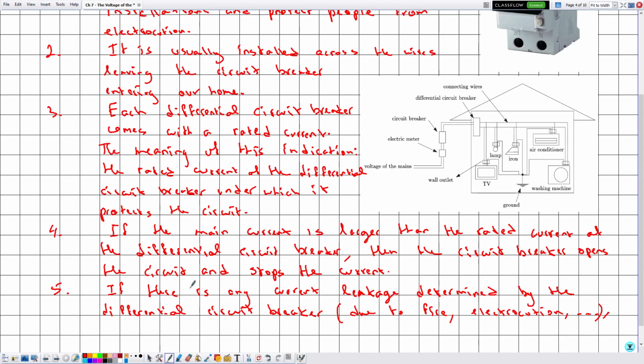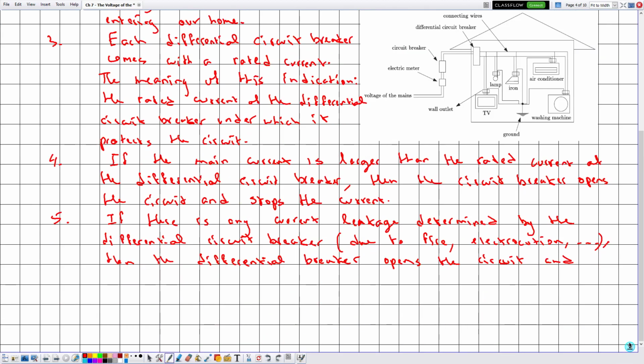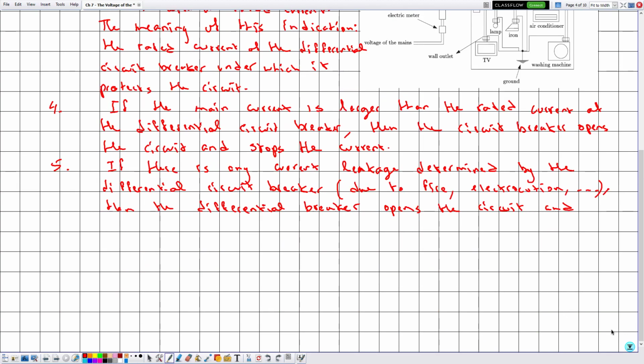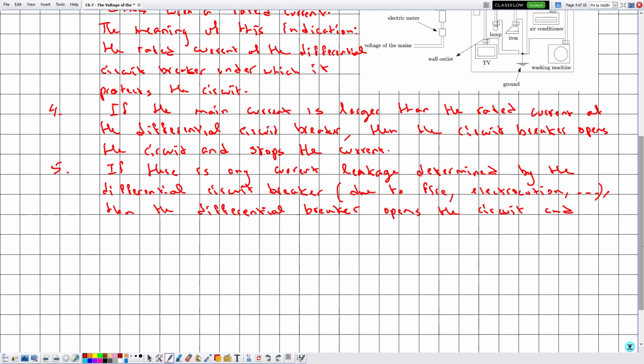In this case, the differential breaker opens the circuit and stops the current.